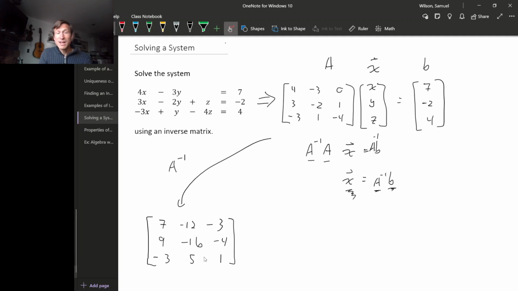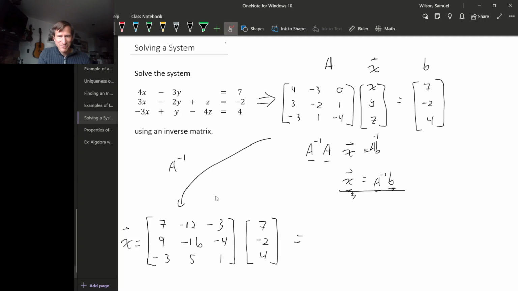Okay, so now that we have this matrix, to solve this equation, all we need to do is multiply by b. So let's put b over here, 7, -2, 4. And then x, the vector of variables, will be this product, whatever this turns out to be.